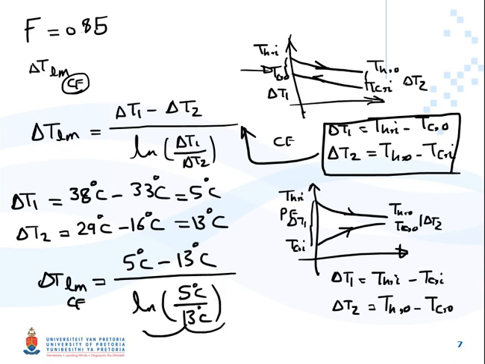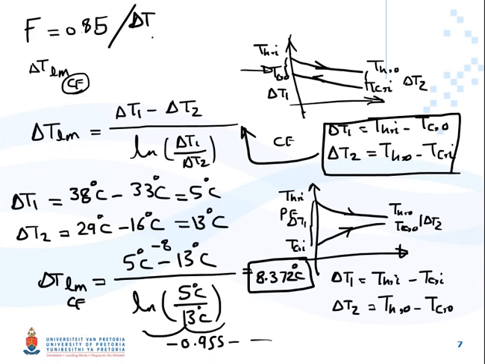If we calculate, ln(5/13) is equal to minus 0.955, and the numerator is minus 8, so the final result will be 8.372. Okay, we have a correction factor. We also have the log mean temperature difference for counterflow, which is 8.372 degrees centigrade.